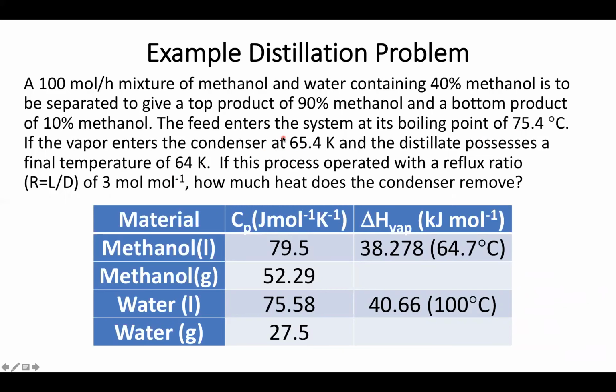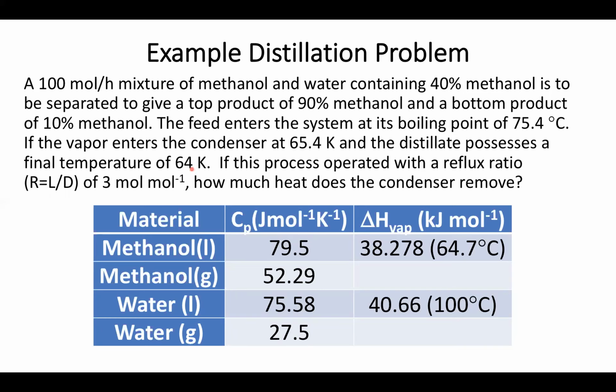So again, the vapor is going to be much cooler than my starting feed. We'll enter the cooling column slightly above its boiling point, and I then will cool it slightly below the boiling point, but not very much, so that I don't have to worry so much about entering in excess heat.